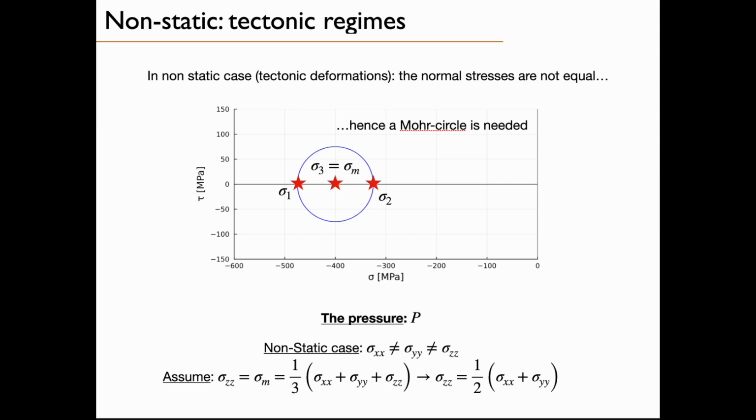So now we will make one assumption, and we will assume that sigma zz, the out-of-plane stress, will be equal to the mean stress. So the mean stress is 1/3 of the three normal stresses. From this, one can solve that sigma zz is 1/2 of sigma xx plus sigma yy.